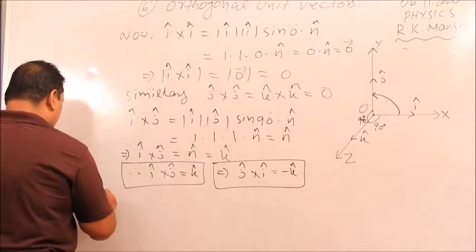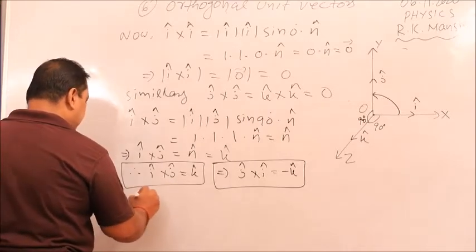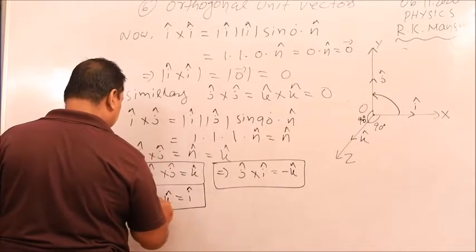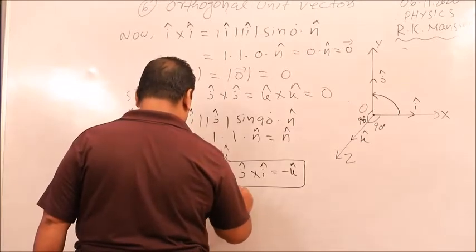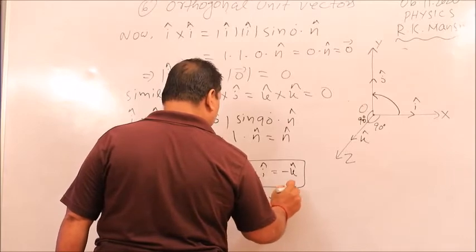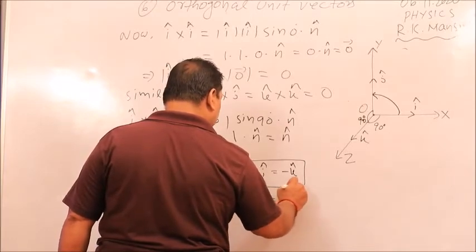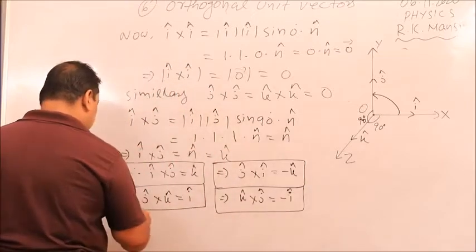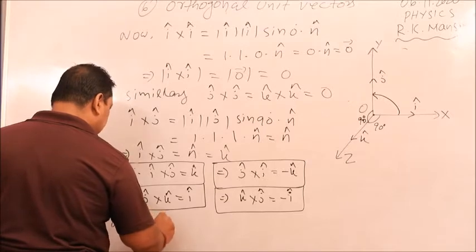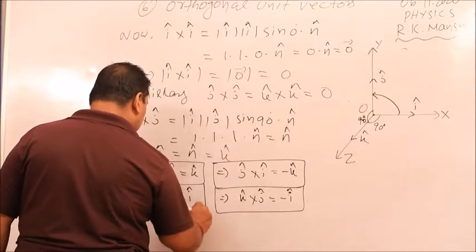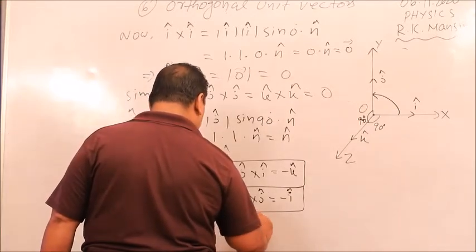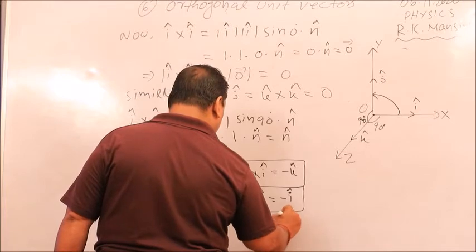Similarly, j cap cross k cap equal to i cap, k cap cross j cap equal to minus i cap, and k cap cross i cap equal to j cap, i cap cross k cap equal to minus j cap.